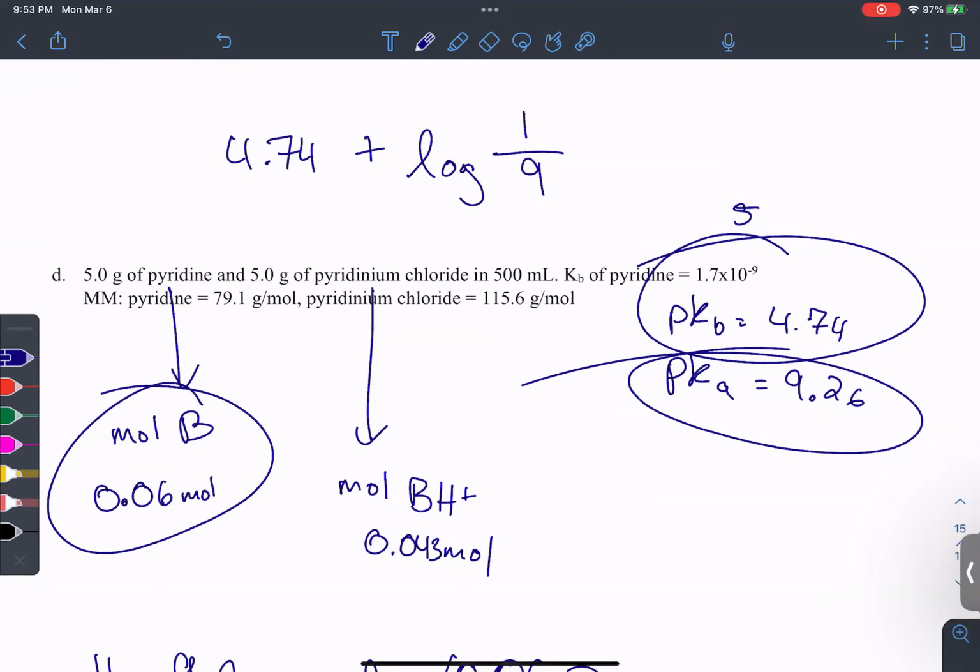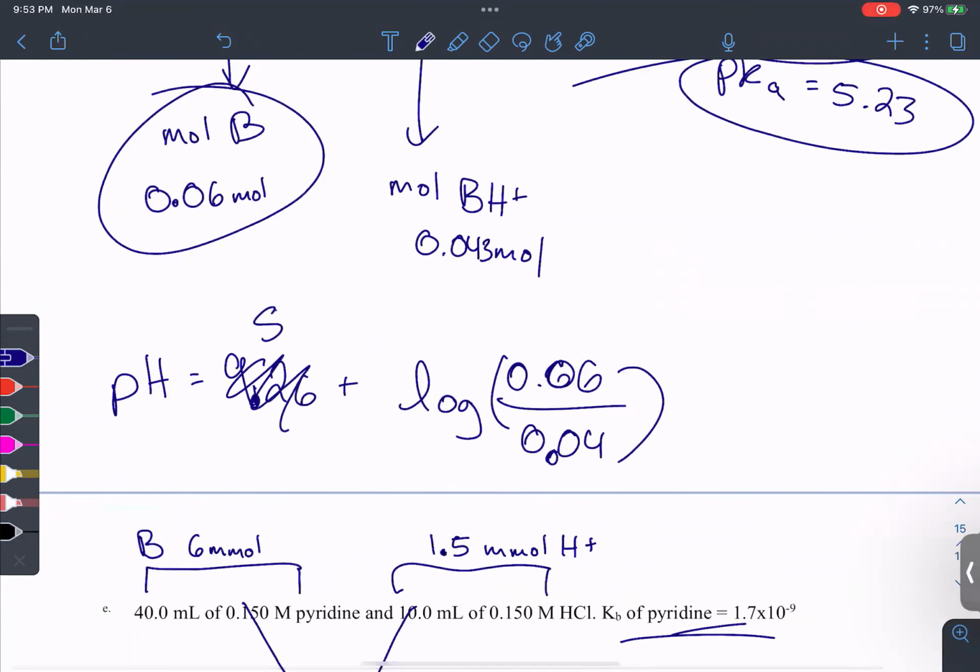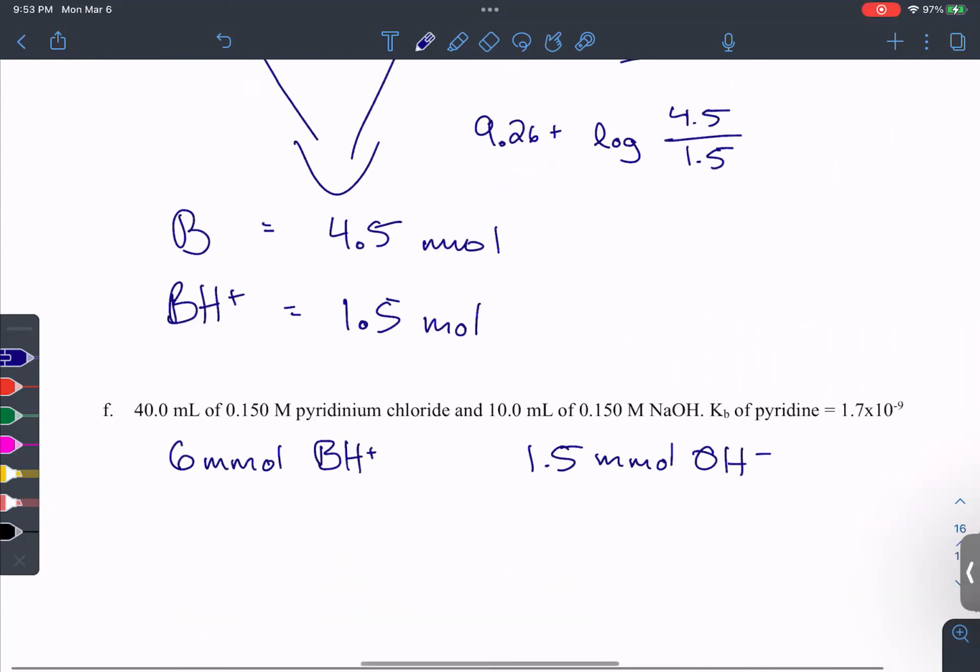So the pKb is 8.77, and so then the pKa is just 14 minus that, so 5.23, yes. So all of this should be 5.23. Okay, great, all right.